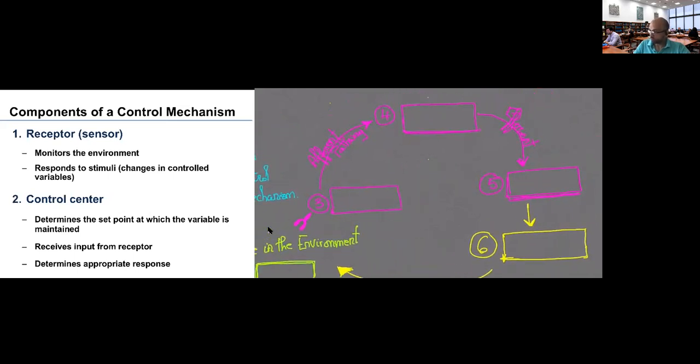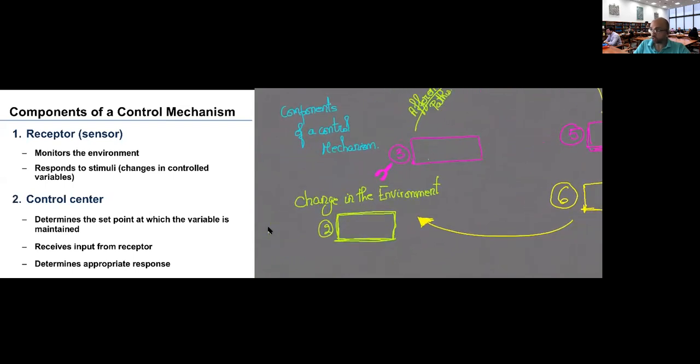All right, so let me change the pink in here. So this is the afferent pathway. This structure will detect the change in the environment.